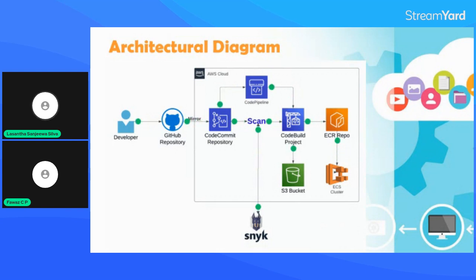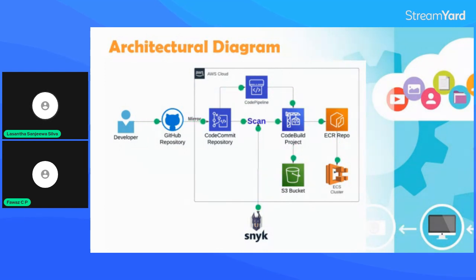For example, in Pavas's account there is some limitation on AWS CloudEvents, so he used the CodePipeline action. Inside CodePipeline there are two options, CloudEvents and CodePipeline. Pavas used CodePipeline because of that limitation.